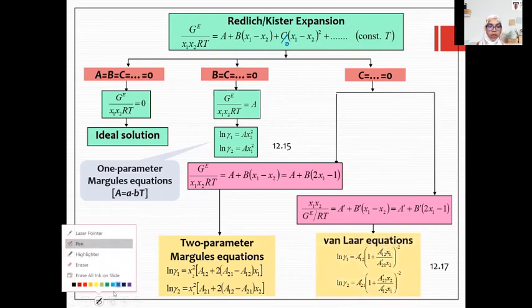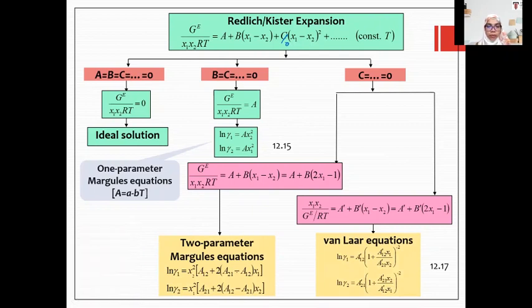The difference is the two-parameter Margules is based on A12 and A21, meaning the constants are A12 and A21, but for the Van Laar we have the prime. So this is for the Van Laar, and we have GE over x1 x2 RT for the two-parameter Margules equation.